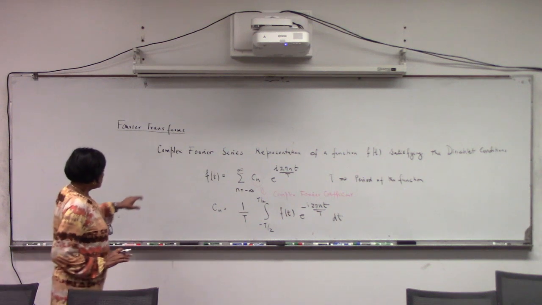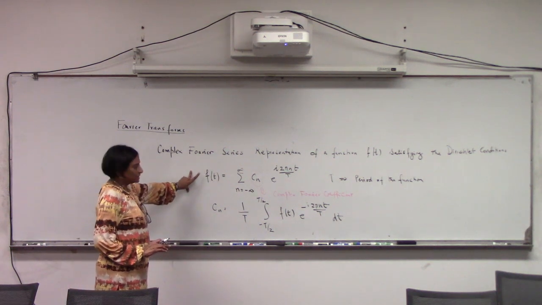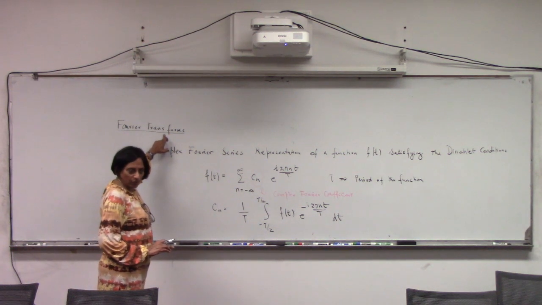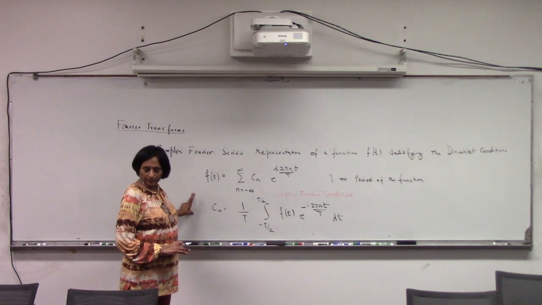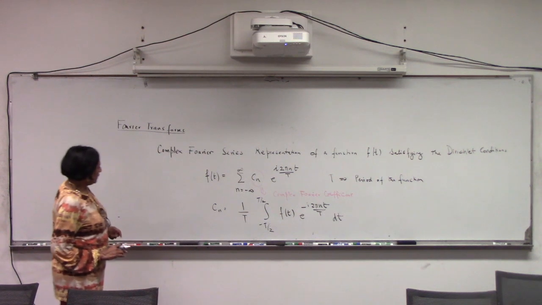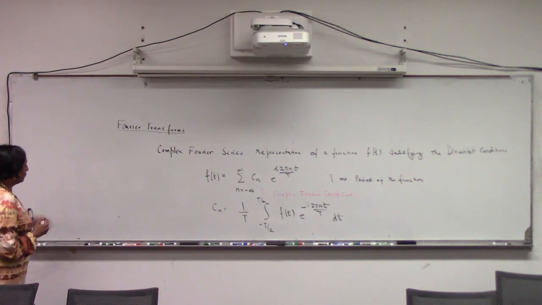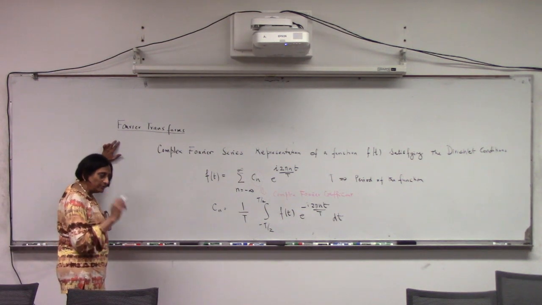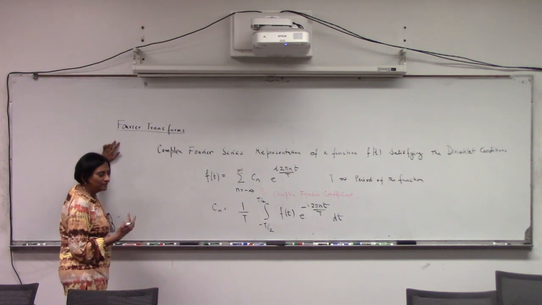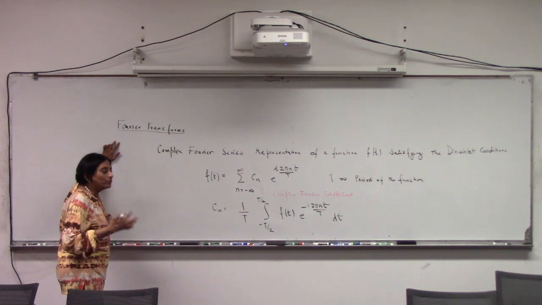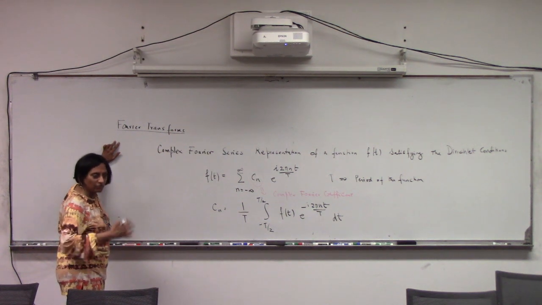All right, so I said I'll start from this to understand what is Fourier transform. This is still a function which is periodic, right? So if you want a representation for a function which is non-periodic, yet you want to write it in terms of sine and cosine, what would that look like? Okay, that is the Fourier transform.